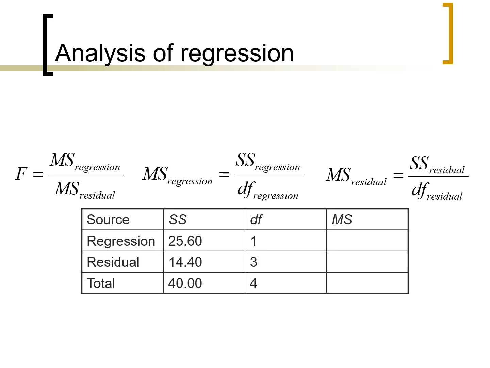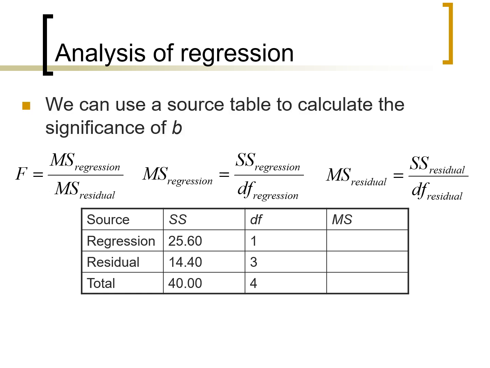So here's what's called an analysis of regression. It's just doing an analysis of variance using the F ratio, using mean squares numerator, mean squares denominator, except with our regression components.